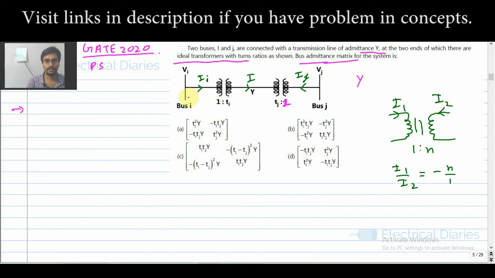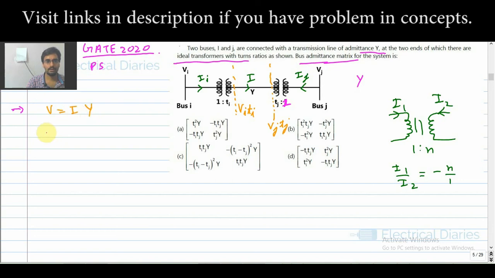Okay, so now this side it is Vi. Okay, so this side the voltage will be what? ViTi. I hope you could do this much, and this side voltage will be what? VjTj. Okay, so now you can see you have been given that this is Y, that line. Two buses I and J are connected to the transmission line of admittance Y. Okay, so here you can write, see, V is equal to IY.